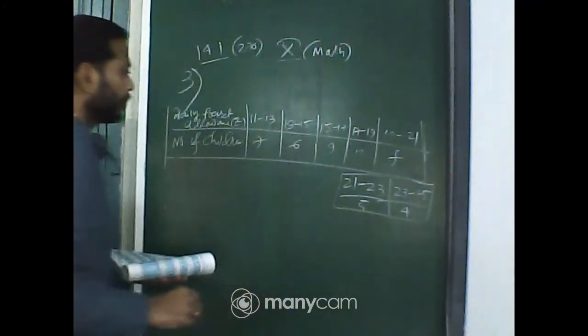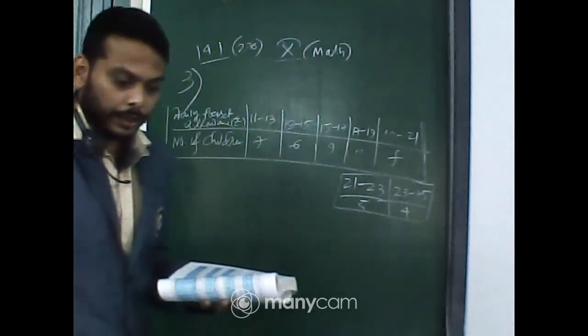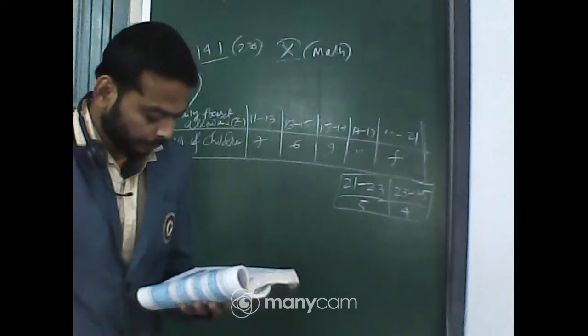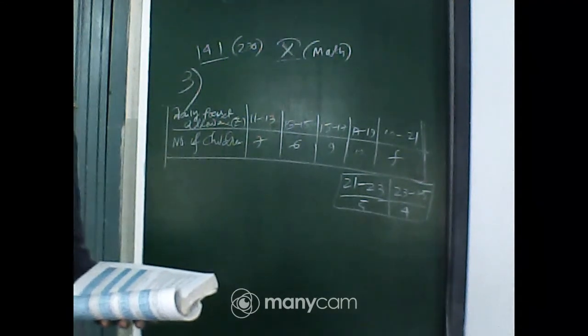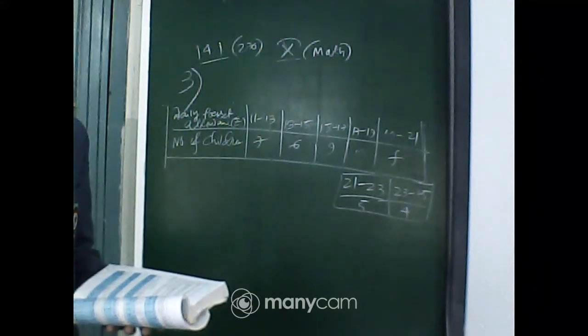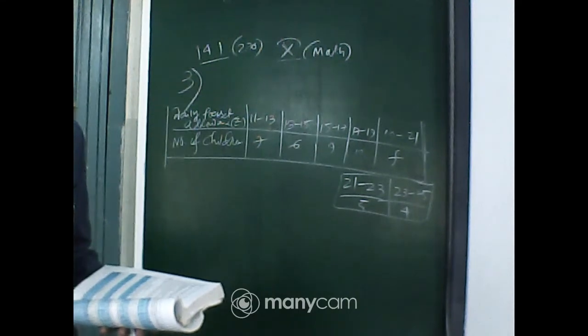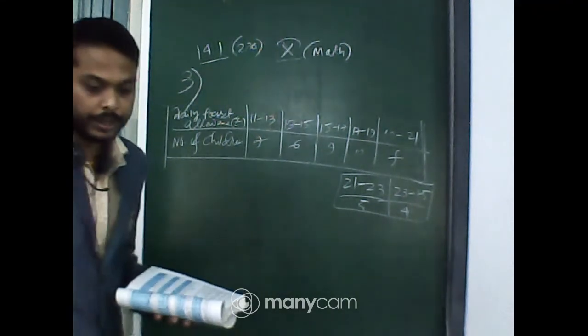These are the given data. Now you are asked to find the missing frequency f. What will be the method? By which method will we do it?